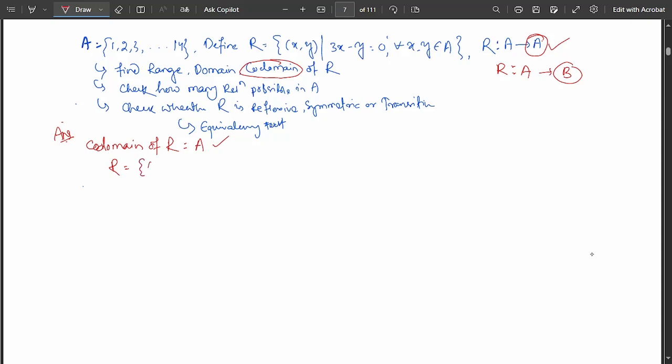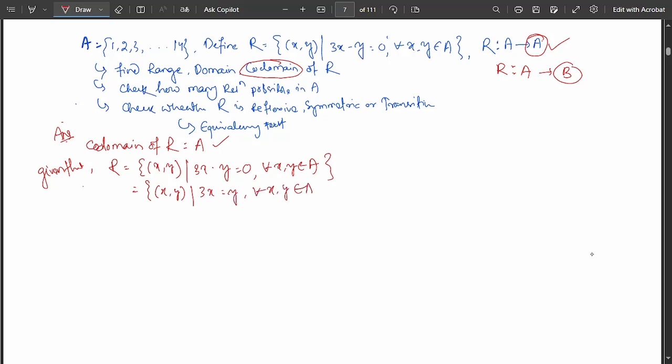R is given as (x, y) such that 3x minus y equal to 0 for all x, y belongs to A. Now simplifying this, we can write this as 3x equal to y for all x, y belongs to A. That means we take a value of x and find the value of y, and that y should be in the set A. Now I am writing this in roster form.